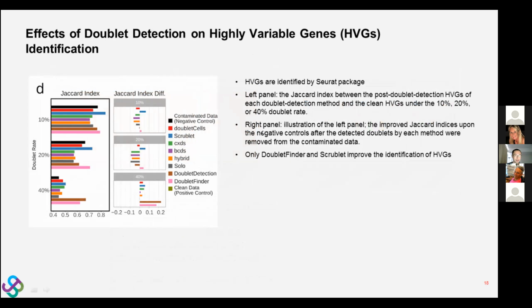We use each method to remove the correct number of doublets and use the Jaccard index to measure the overlap of identified highly variable genes between the data after removal and the clean data set. If you have higher similarity, you should have a higher Jaccard index. We found that only DoubletFinder and Scrublet outperform the negative control, this contaminated data. So only these 2 methods improve the identification of highly variable genes.